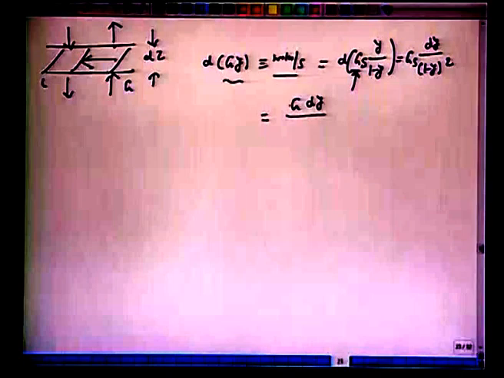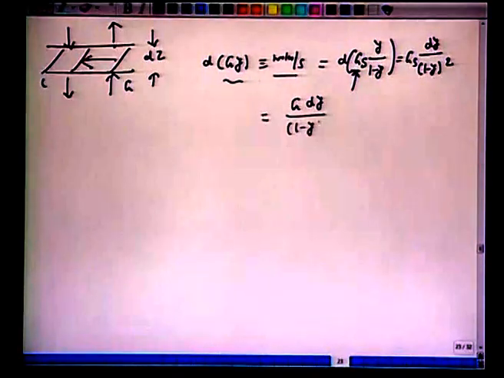So we write dGs, Gs is constant, so we can take it out. Then you can show that this is Gs dy over 1 minus y square, and this can also be written, going back from Gs to G with 1 minus y, as G dy. So there are several ways you can write it.